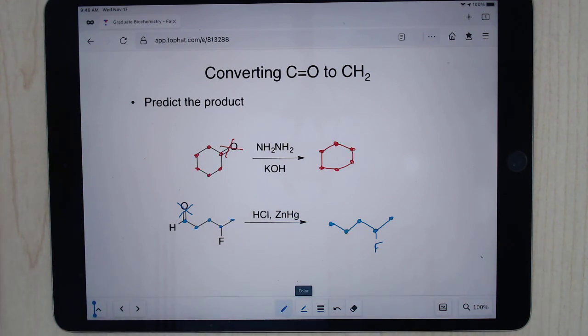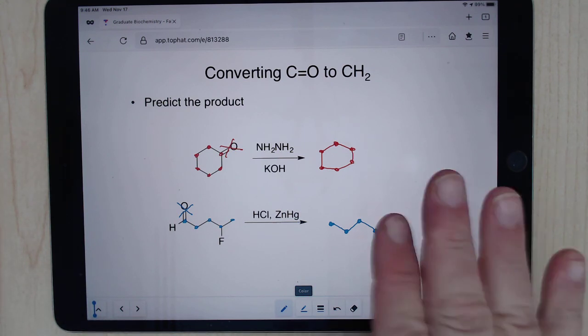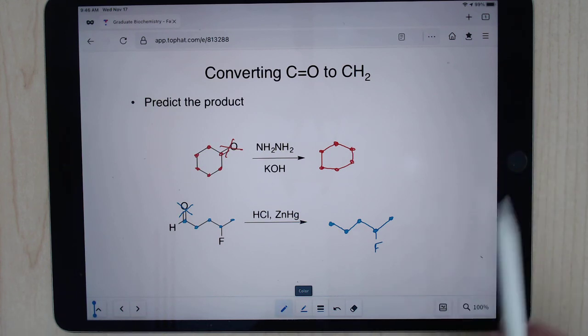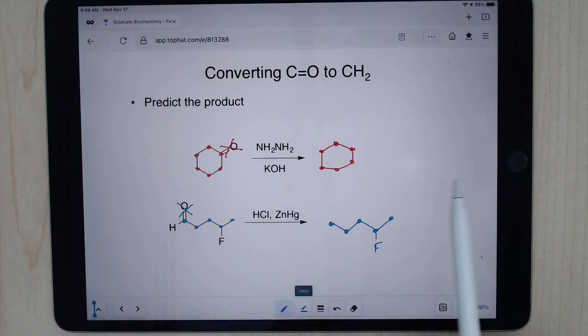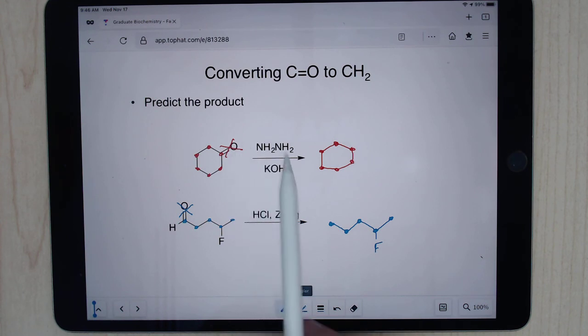Now, why would you want to have two reactions to do the exact same thing? It actually provides some flexibility when the molecule gets more complex, because some groups are sensitive to acids, some groups are sensitive to base. If you want to react at this end of the molecule, but a functional group over here is sensitive to acid, and will decompose or react under acidic conditions, then you need to use the Wolff-Kishner.